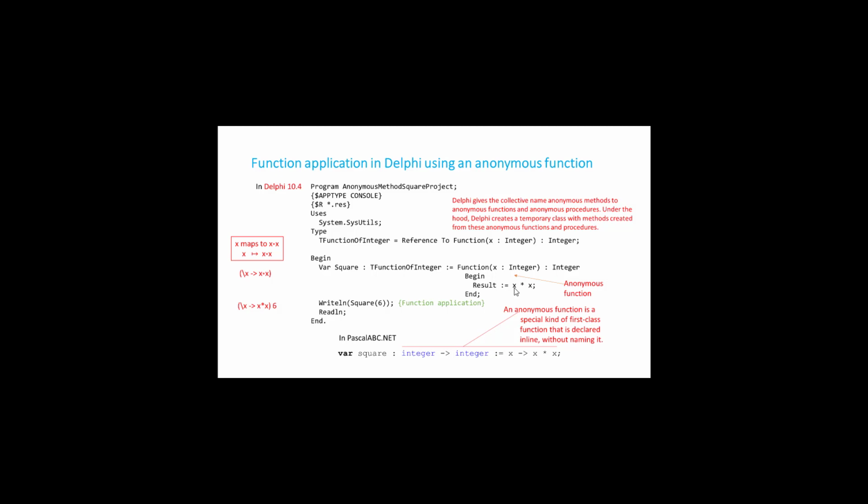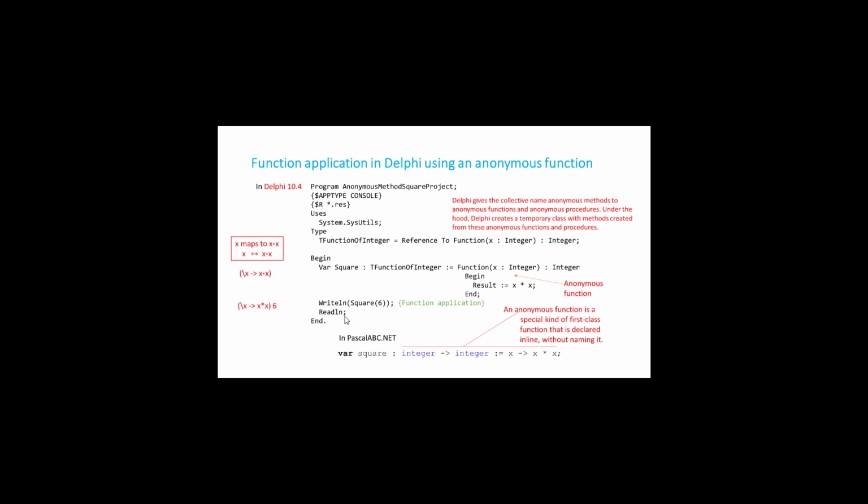Now in any function call in Delphi, Delphi creates a variable called result, which we use to return the result. So we're going to assign this 36 to result, so it will actually replace this function call square 6 here, so that WriteLine will write 36 out to the screen.